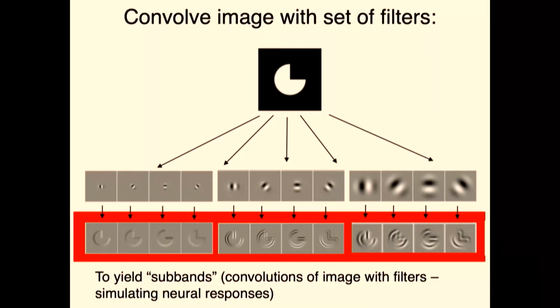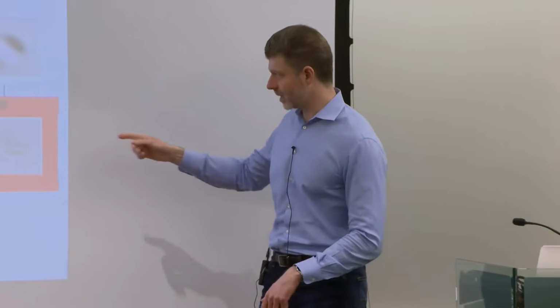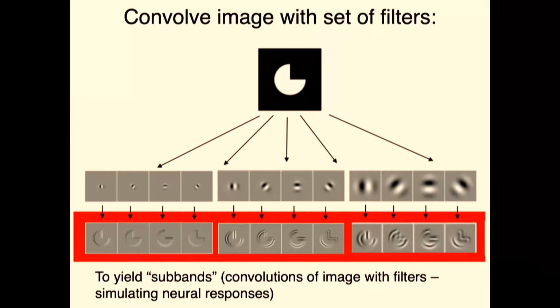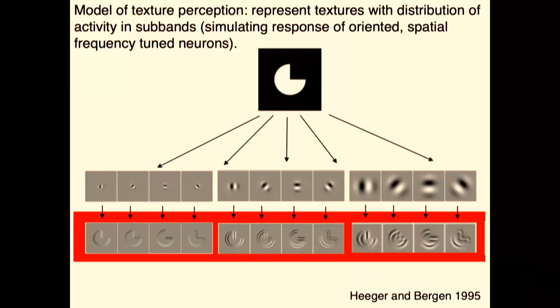We take an image and convolve it with a big set of filters tuned in orientation and spatial frequency, and you get a bunch of convolutions, often referred to as subbands. The model of texture perception is to represent textures with the distribution of the activity in these different subbands, which we take as simulations of the responses of oriented, spatial frequency tuned neurons.